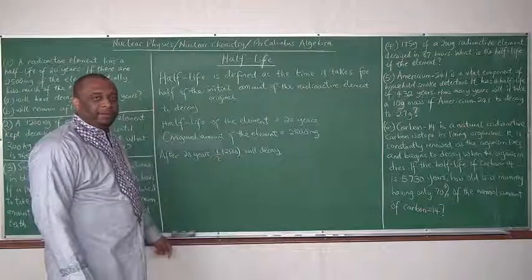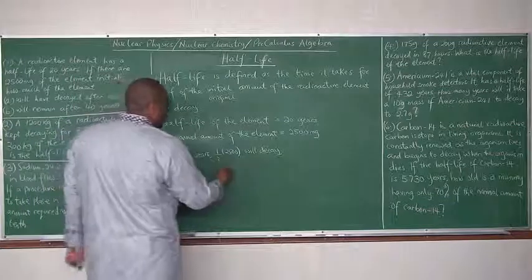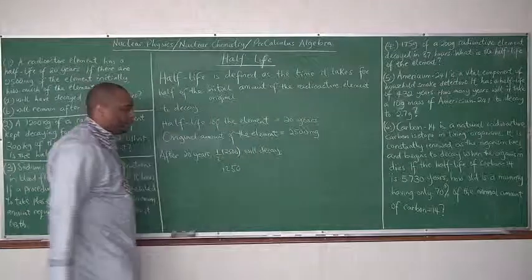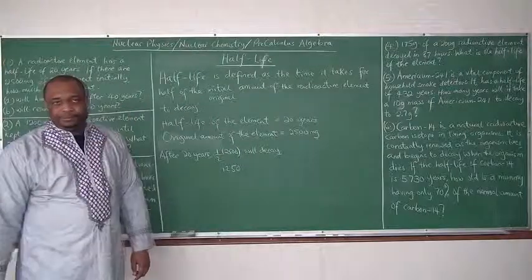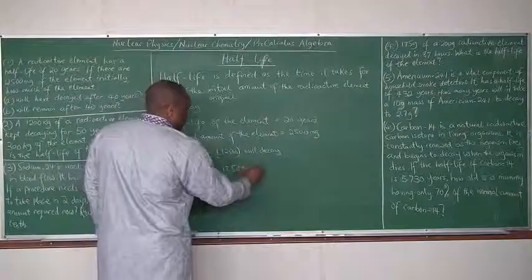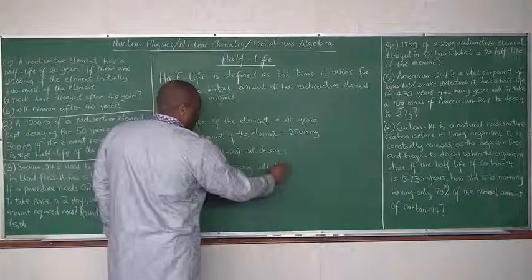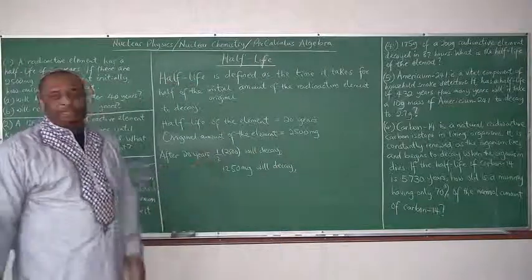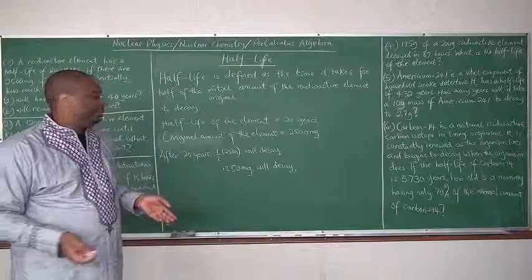Half of 2500 is what? 2 into 25 is 12, 24, 100 is 50. 1250 milligram will decay. After 20 years, 1250 milligram will have decayed.